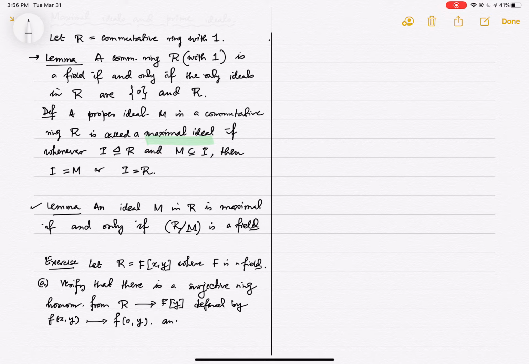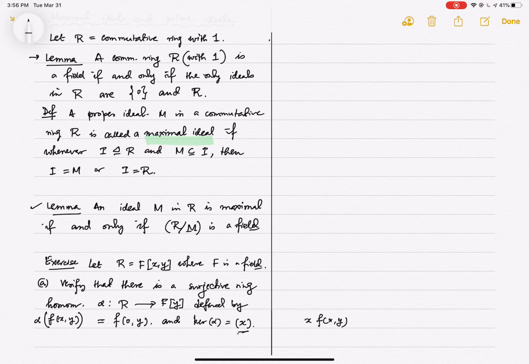And the kernel of this homomorphism, let's call this guy alpha. So alpha of f(x,y) is f(0,y). And the kernel of alpha is generated by x, meaning all multiples of x in R. So polynomials that look like x times a two variable polynomial.